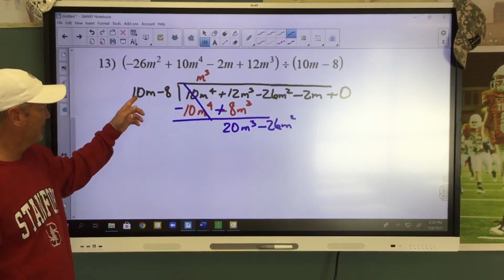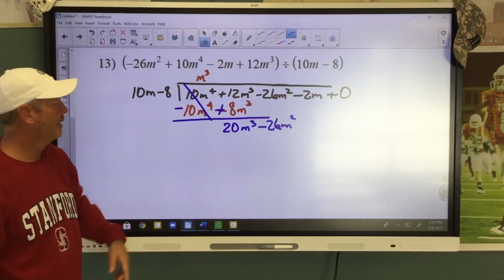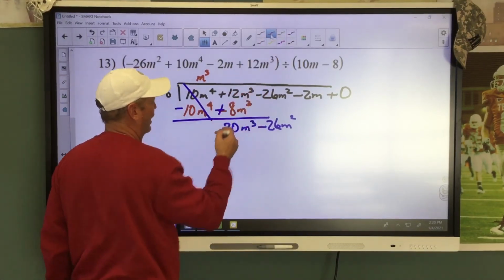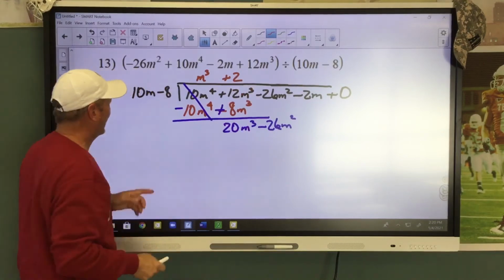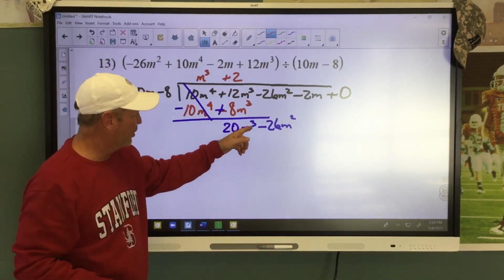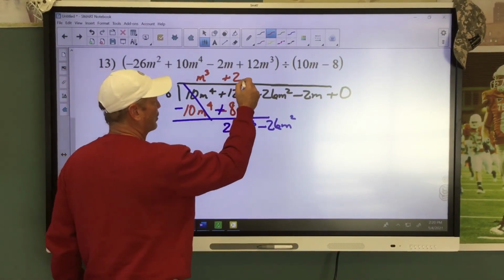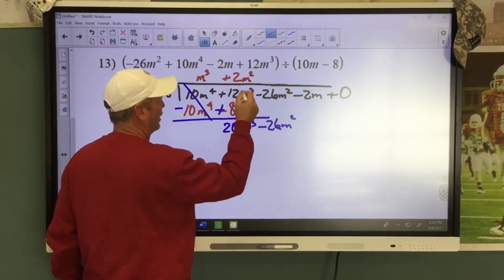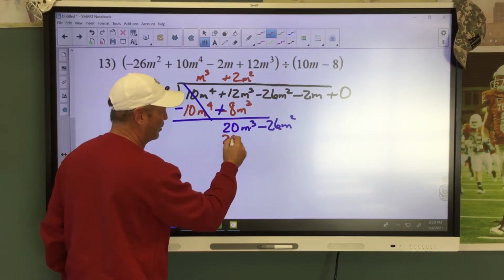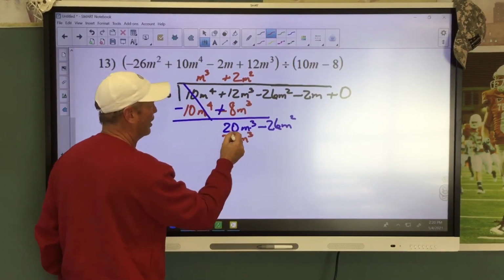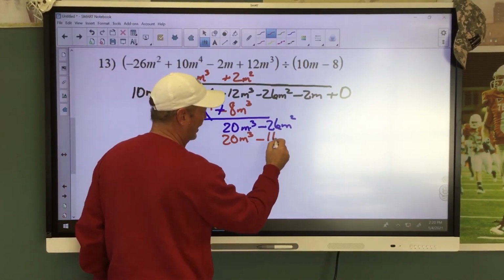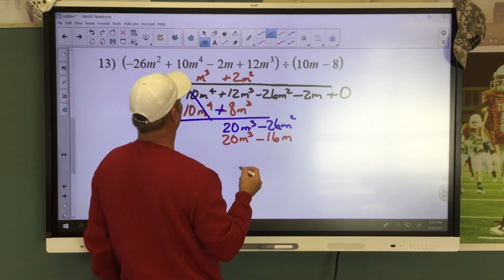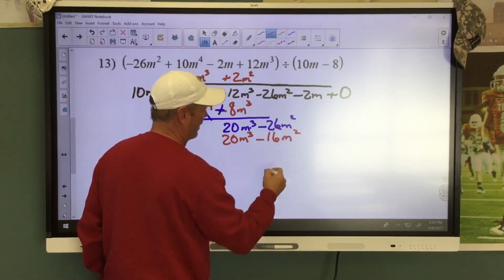I want this to match that. So we're going to multiply times a positive 2. I need to get m to the third, so I need an m squared. And so that gives me 20m to the third. 2 times negative 8 is a negative 16m squared.